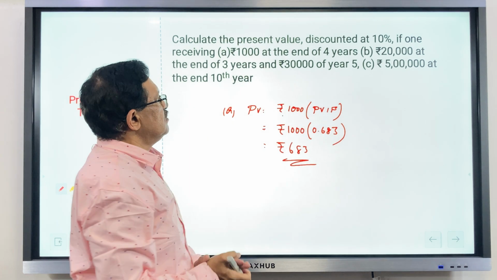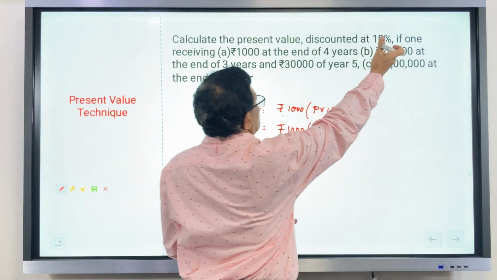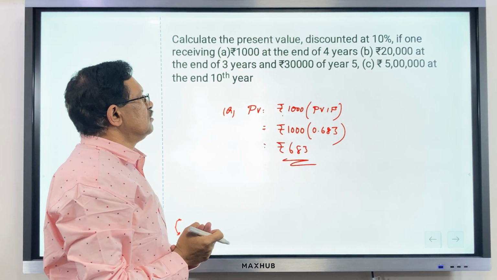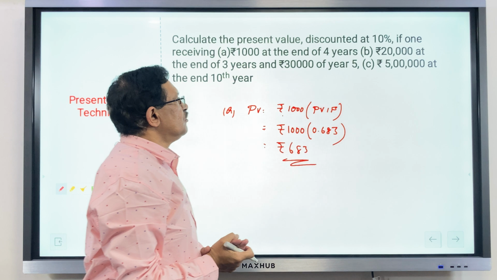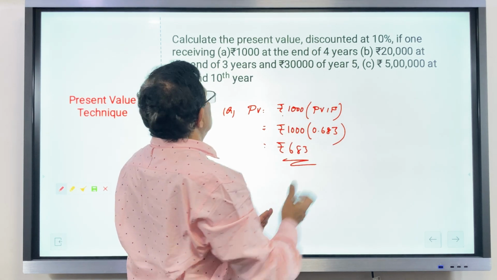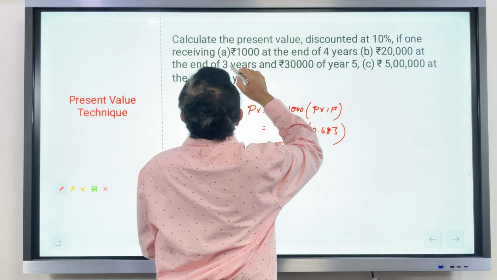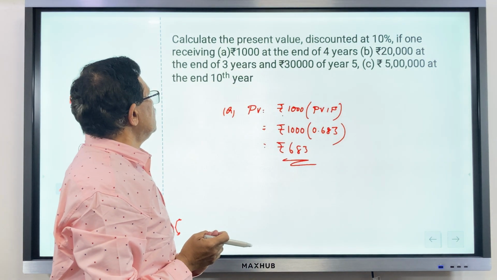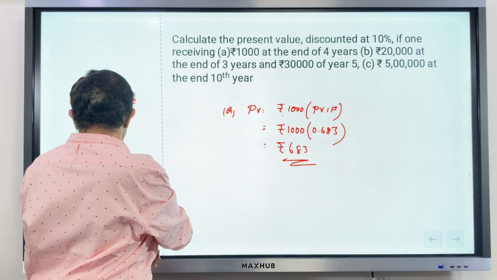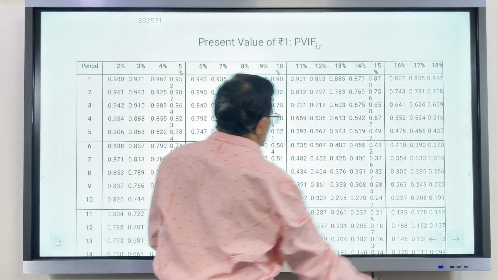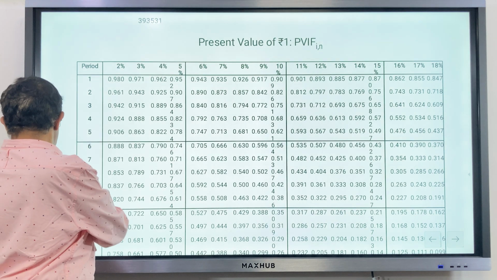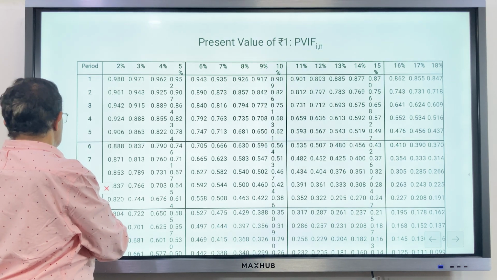In the similar fashion, we can also find out what is the present value for 20,000 and what is the present value of 30,000 by using the table values itself. For example, 20,000. How do we calculate? This 20,000 is coming at the end of the third year, and this amount is coming at the fifth year. So what we can do is we can just go to the 3 years period and find out what is the value.